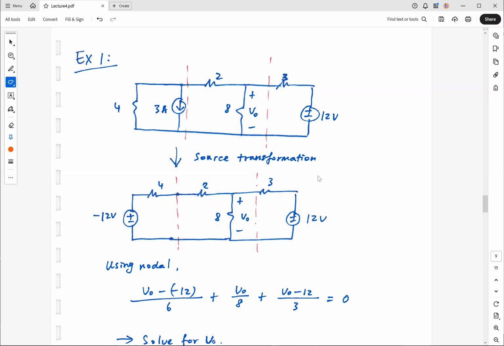And remember, sometimes I just call this source transformation technique ST for short.